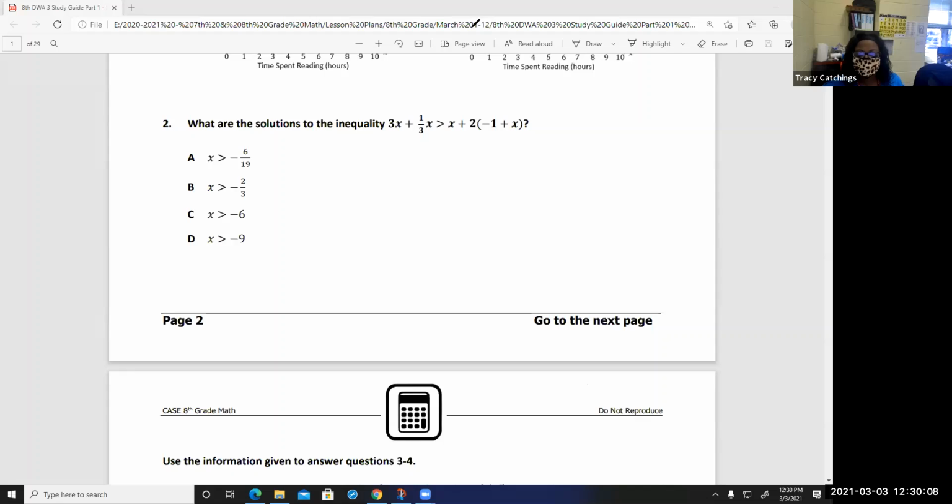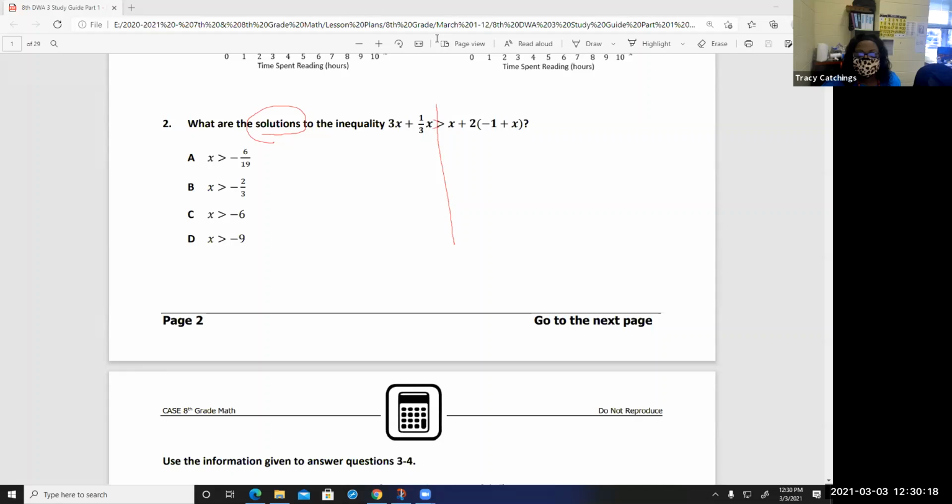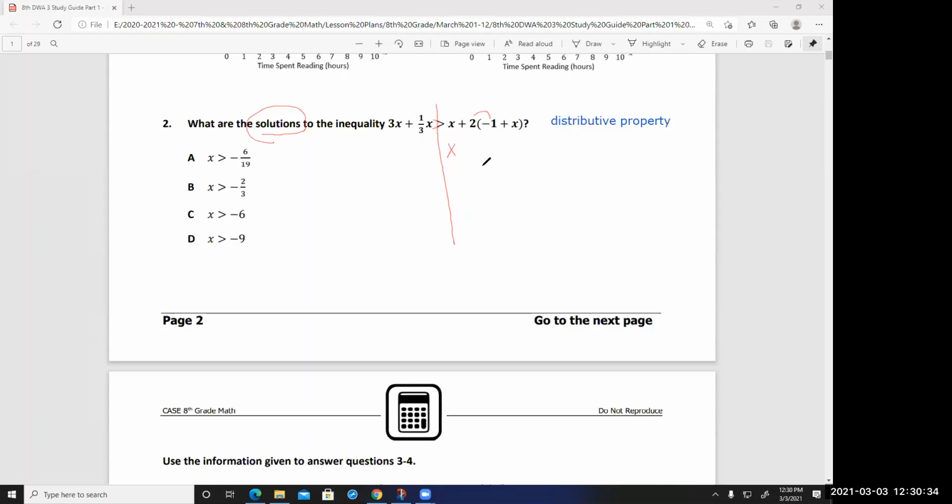I got you. Okay. So what will be our first step in trying to solve this inequality? Okay. Y'all love calling that distributive property parentheses. All right, so go ahead and multiply it out. 2 times -1. -2.